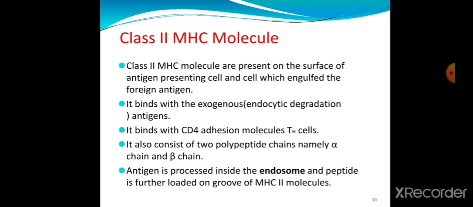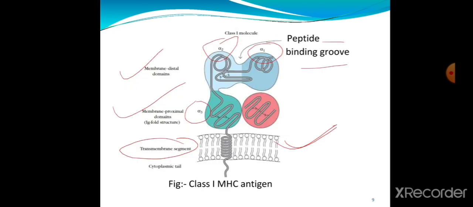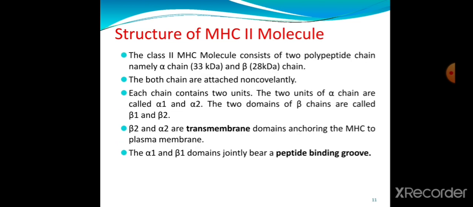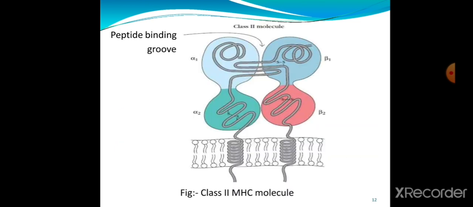You can see here, between alpha 1 and alpha 2 there is a peptide binding site, but in MHC second molecules the space for the antigen binding site is between alpha 1 and beta 1. This is the main difference between MHC first and MHC second molecules.